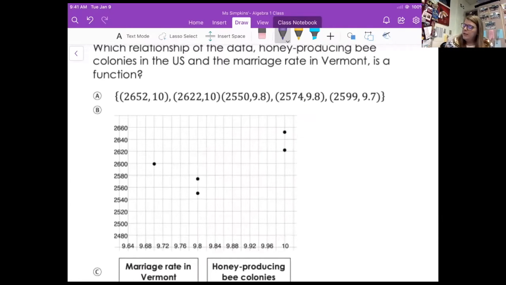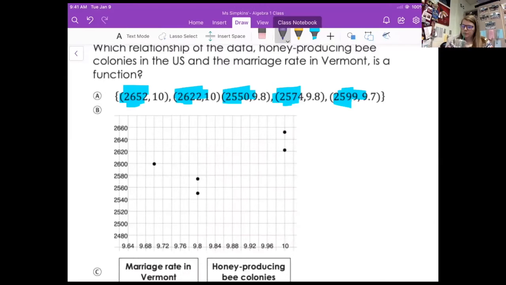So if we look at A, remember when we're determining a function, we are looking at the inputs, or the X values. So looking at letter A, is it a function? Are you sure?